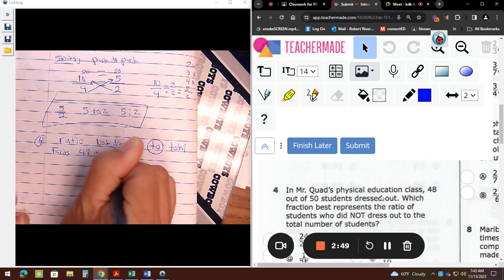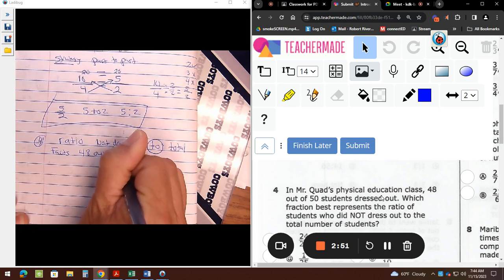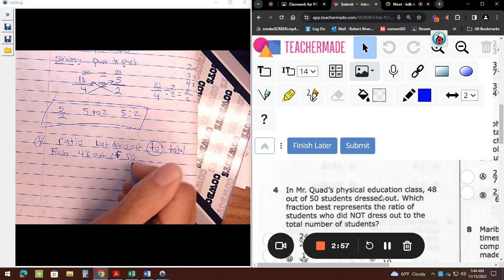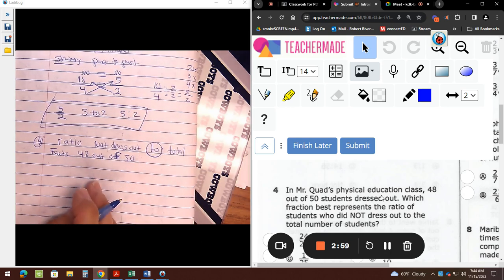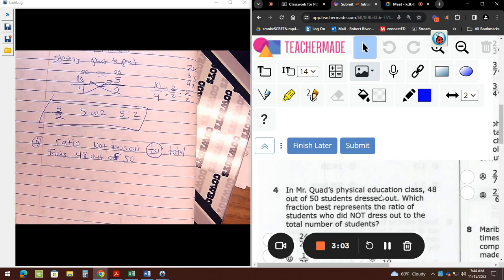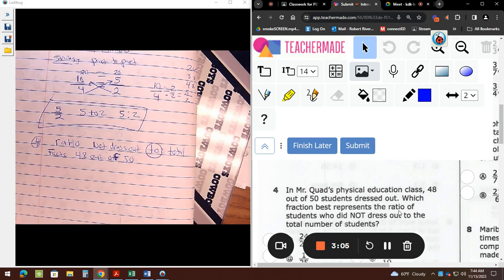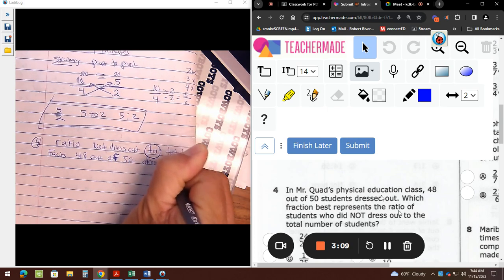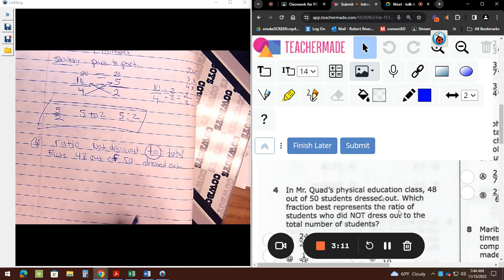48 out of 50. 48 out of 50 what? Read it. Dressed out, right? So these are the ones that dressed out.